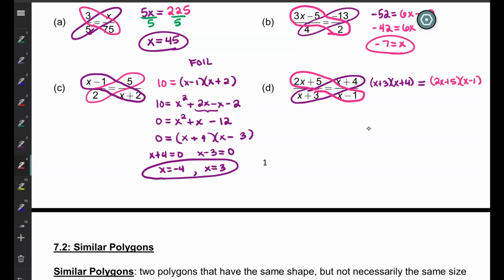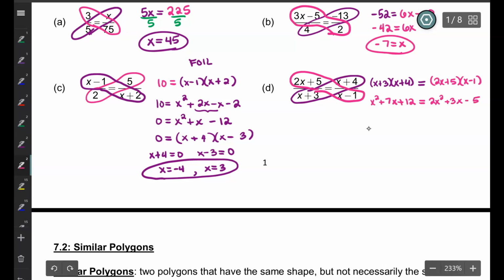Okay, so let's go ahead and multiply that out. We get x squared, and then the outside is 4x, the inside is 3x, so that's going to add up to 7x plus 12, right? 3 times 4. And then here we're going to have 2x squared minus 2x plus 5, so that's going to be a plus 3x, and a minus 5.